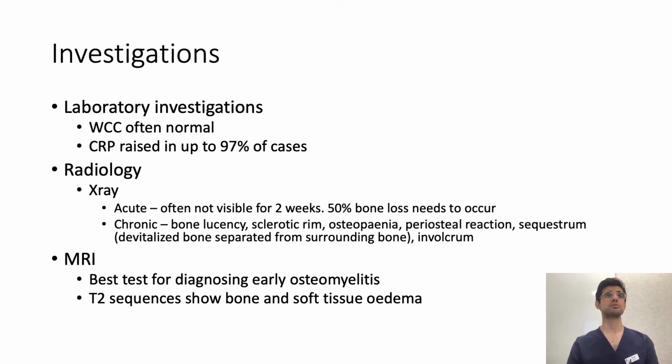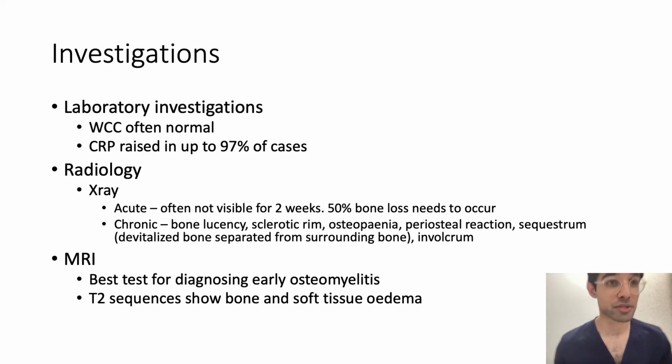Investigations for osteomyelitis. In terms of laboratory investigations, the inflammatory markers are useful in pointing us towards a diagnosis of osteomyelitis. Often the white cell count will be normal, but CRP is almost always raised in osteomyelitis.